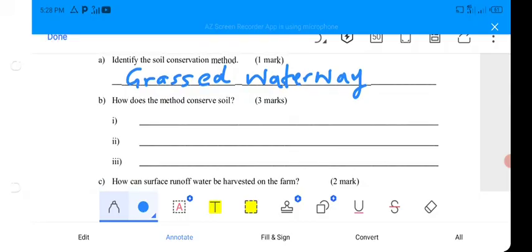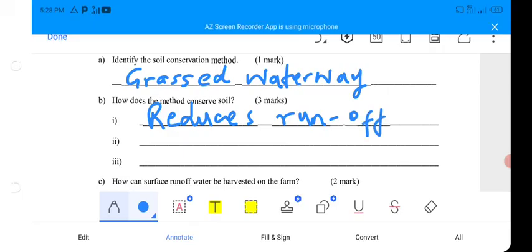First of all, it reduces runoff. Second, it prevents erosion.